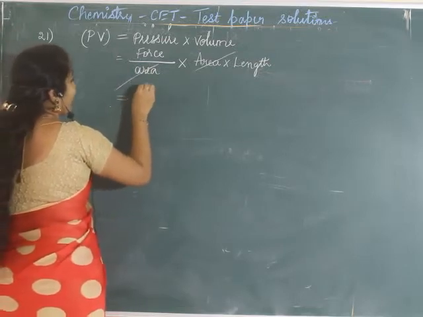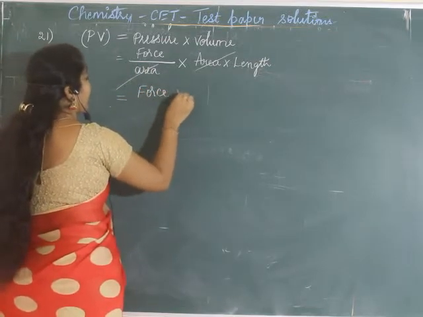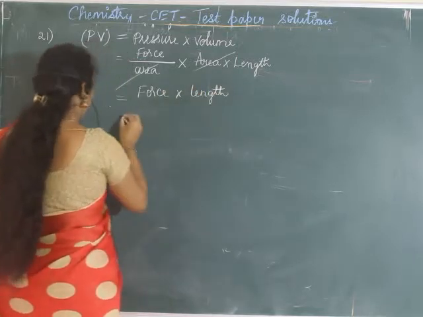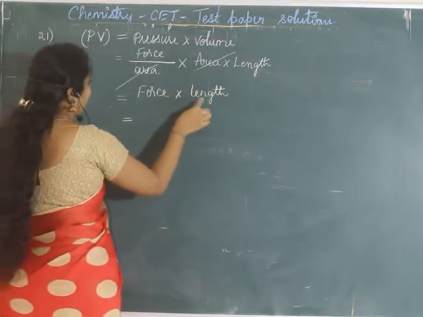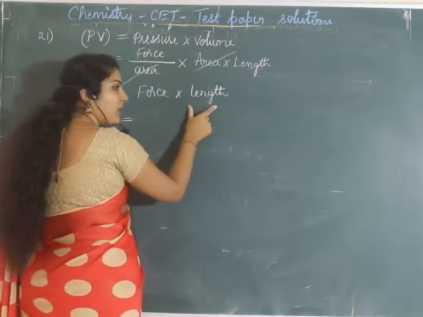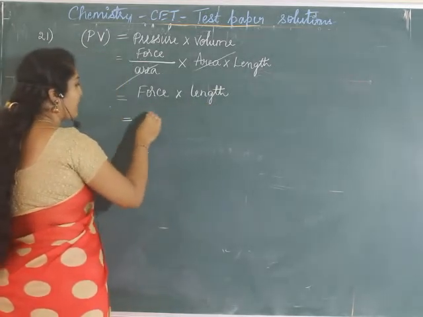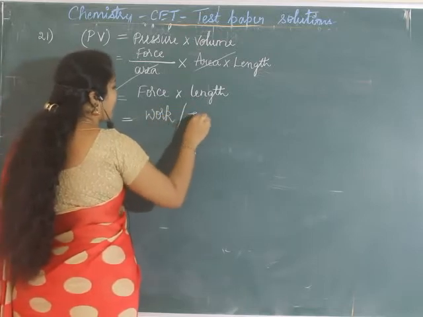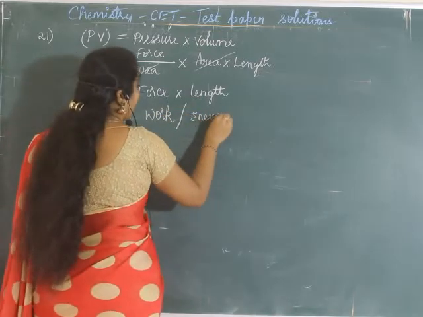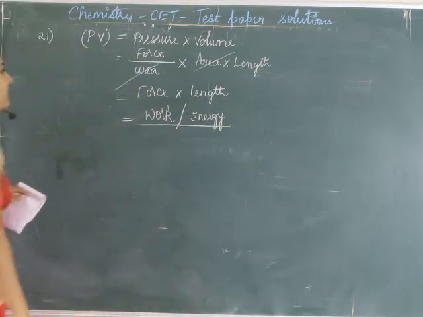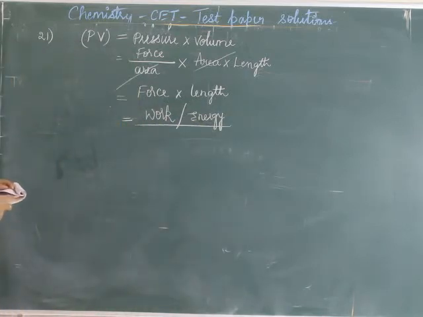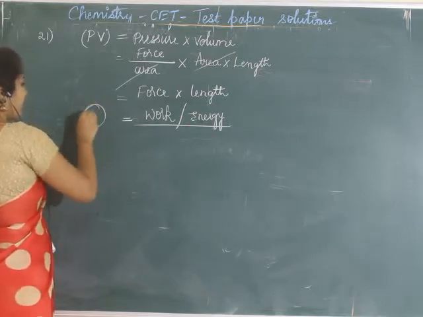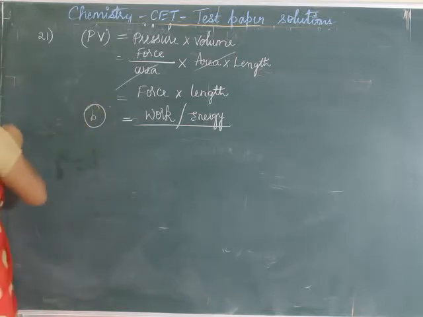Now it is force into length, that is force into displacement, which means work or energy. So the unit will be equal to that of energy. Option B, which means energy.